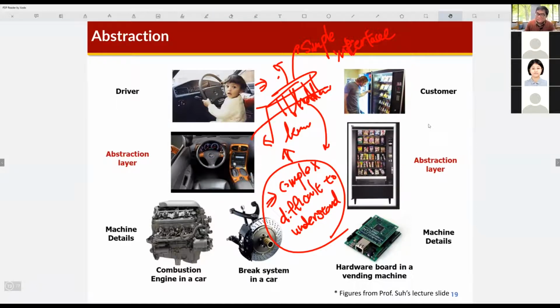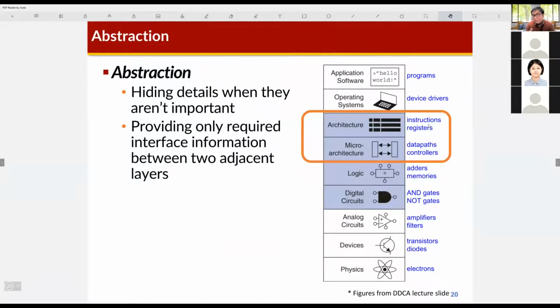So that's abstraction. So let's see several layers of a computer system and the abstraction in computer systems. I copied this figure from the Digital Design and Computer Architecture textbook.